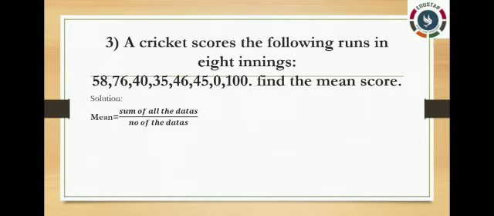Add all the datas and write as a numerator. 58 plus 76 plus 40 plus 35 plus 46 plus 45 plus 0 plus 100 divided by number of the datas. Number of the datas is 8. Now add the numerators. We get 400 divided by 8. 400 divided by 8 answer is 50. So mean is equal to 50.